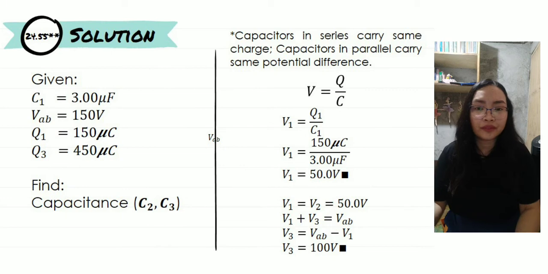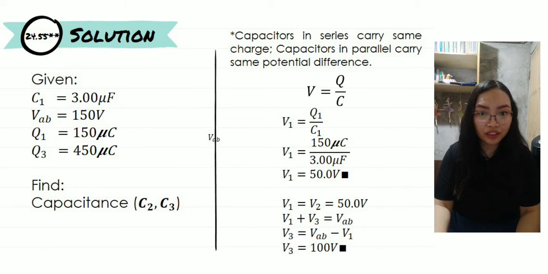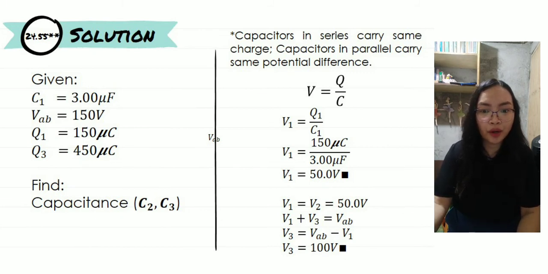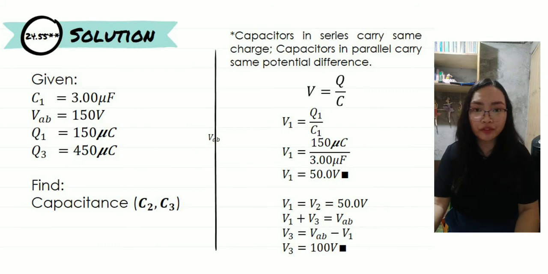So this is a very long process, and we need to start by finding the voltage of capacitor 1. In order to do that, we need to use the equation V is equal to Q over C, and our Q will be our Q1, which is equal to 150 microcoulomb, and our C is the capacitance of capacitor 1, which is equal to 3.00 microfarad.